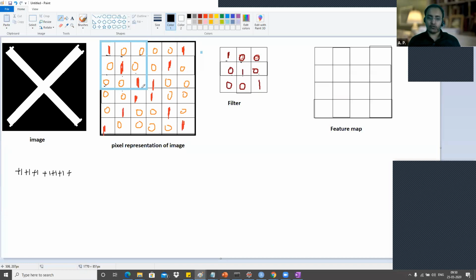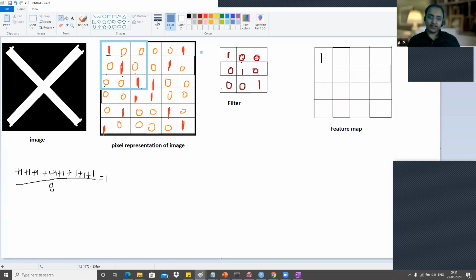Third row, 0, 0, 1, matching with 0, 0, 1. We'll say +1, +1, +1. Divided by the total number of values, which is 9, it's going to be 1. That means the map of this filter on the top left corner of the image is 1. So we'll say here it is 1. The outcome is 1. That means the feature map says that this filter has a map of 1 on the top left corner of the image.